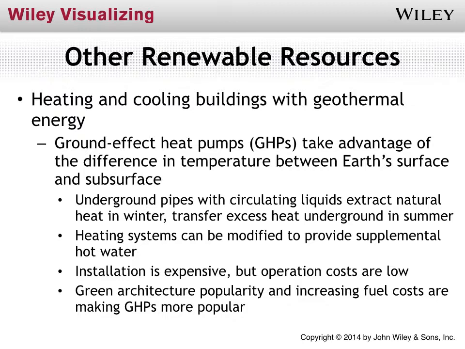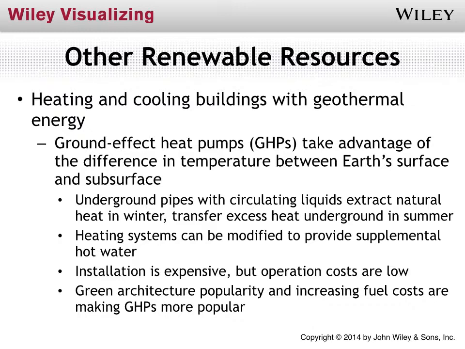This slide talks about taking advantage of the difference in the temperature between the surface of the Earth and the subsurface. You can actually use the temperature below the soil to warm a house in the winter because it might be warmer underground in the winter, or you can tap into cooler air that might be below the surface in the summertime.